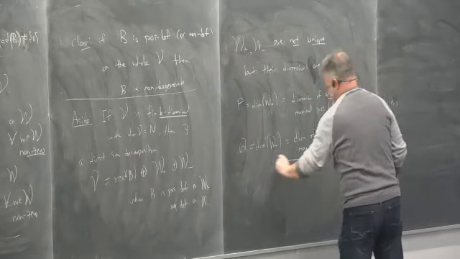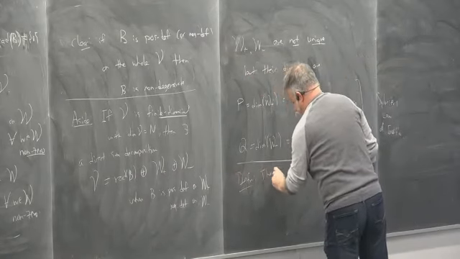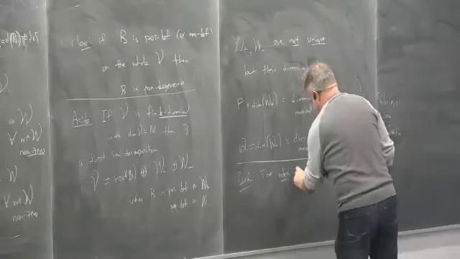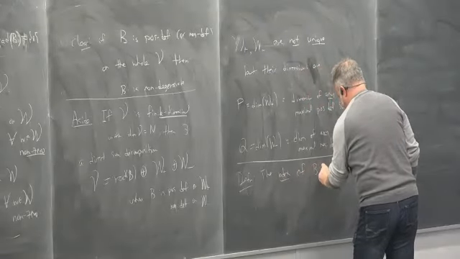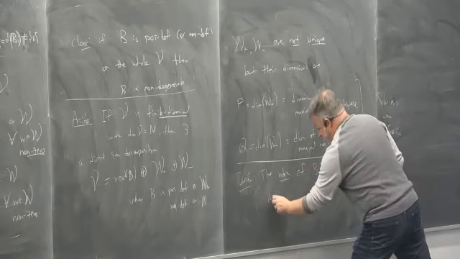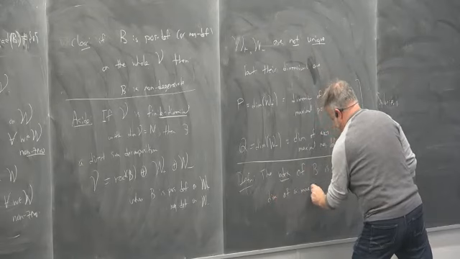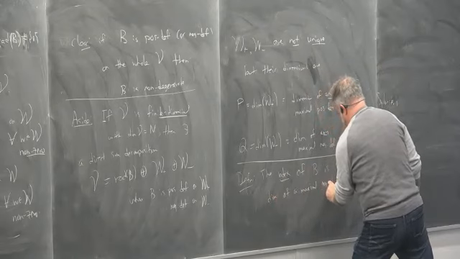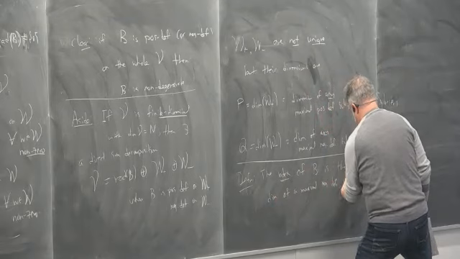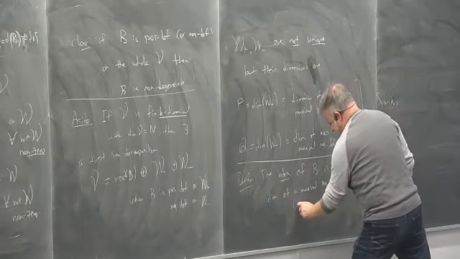Okay, and the definition, the index of V is the dimension of a maximal negative definite subspace. So this need not be finite.